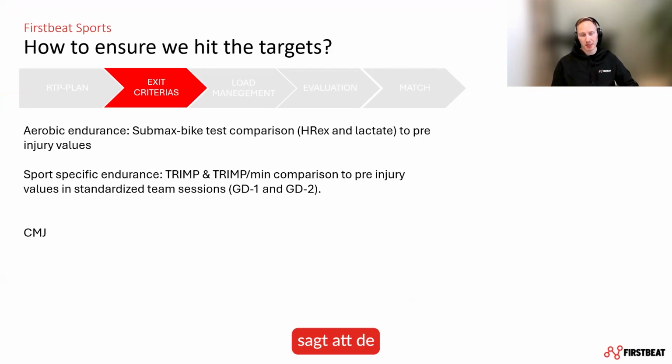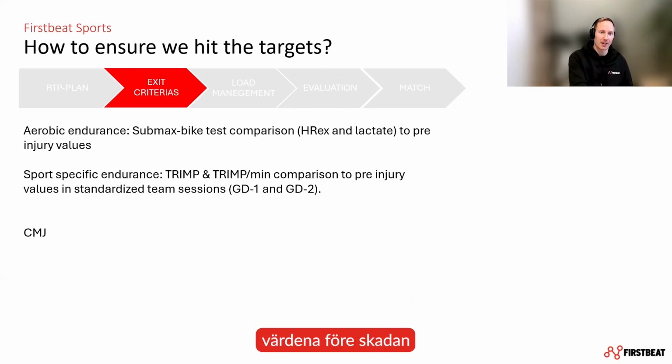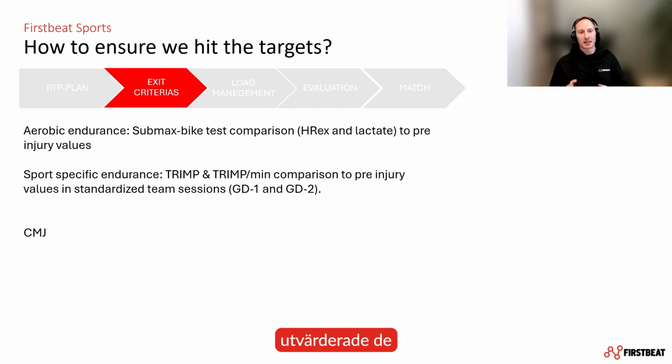For aerobic endurance, as said, they did the submaximal bike test, and there they compared the heart rate, exercise and lactate to pre-injury values, and then they also evaluated the sport-specific endurance, and there they had a look at trimp and trimp per minute in comparison to pre-injury values in standardized team sessions, so game day -1, game day -2, where they are usually doing pretty much the same things from week to week.